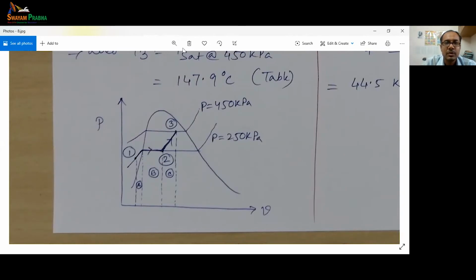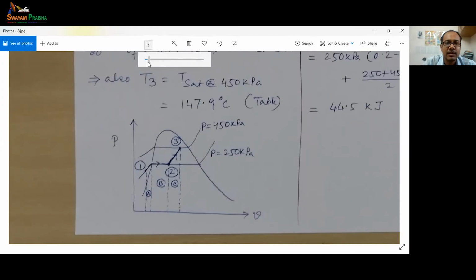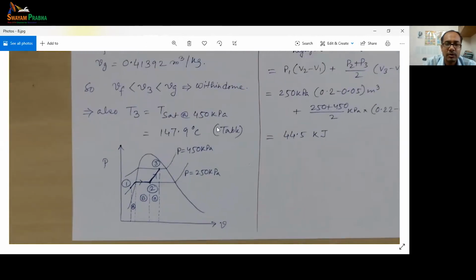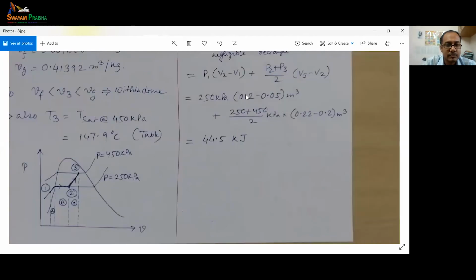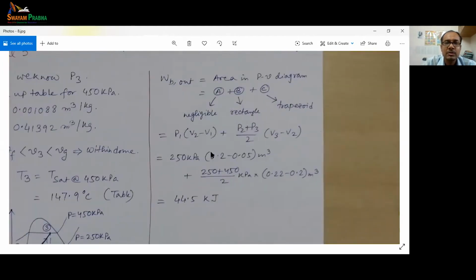Okay, so this is the process that schematically we can show. Actually you can exactly draw this on a PV diagram.